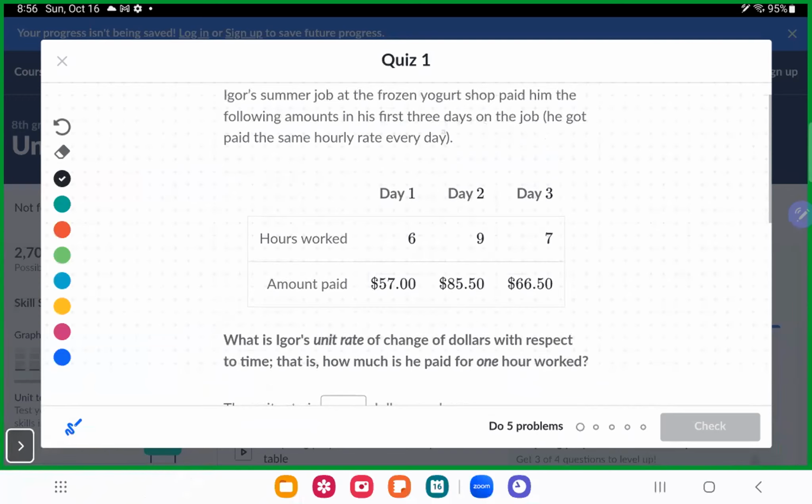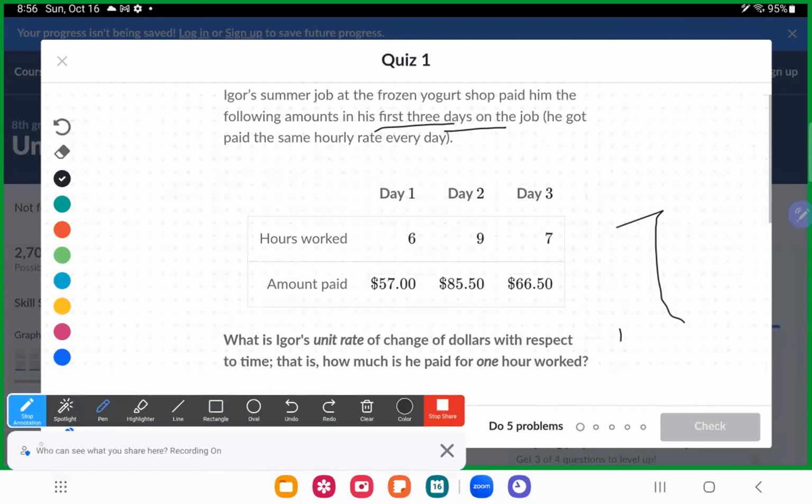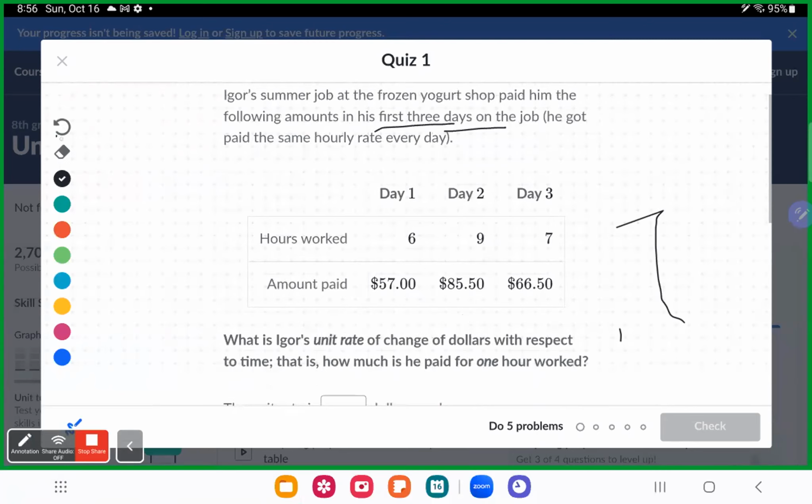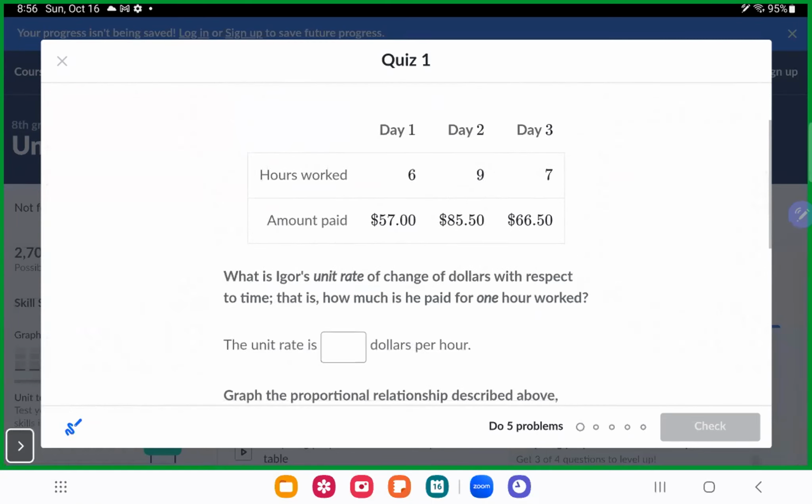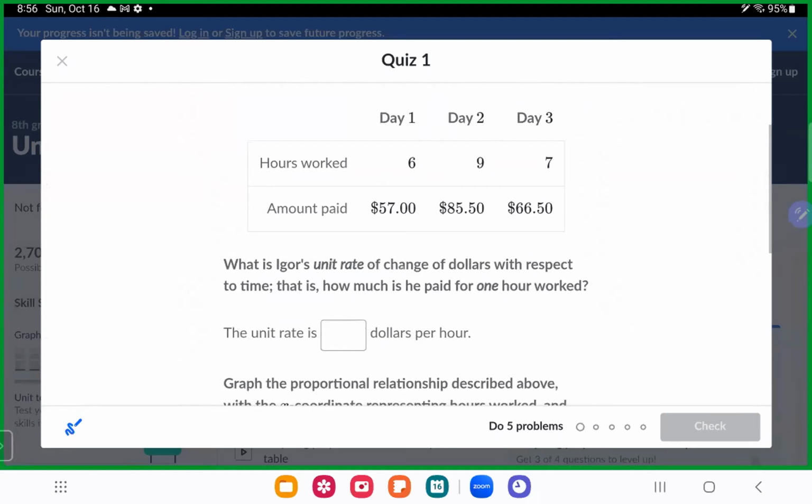What is Igor's unit rate of change with respect to time? That is, how much is he paid for 1 hour of work?